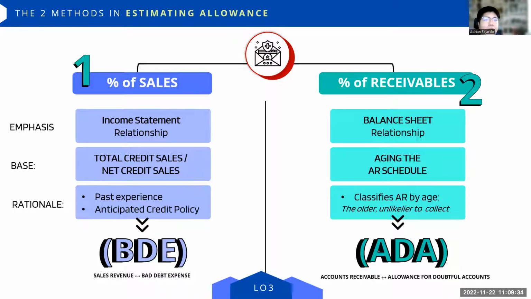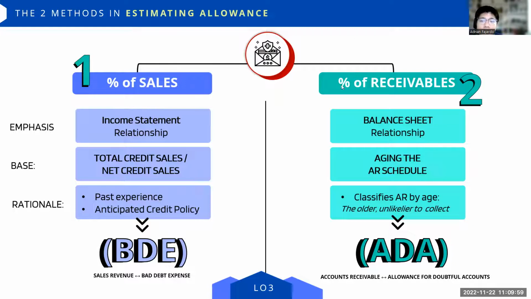Now, on average, our company loses around 30% of sales from bad debt expense. So, ang masosolve mo if you use percentage of sales is bad debt expense. So, it's income statement focus. So, if it's percentage of sales revenue, which is an income statement result, ang makukuha mong number is bad debts expense, which is again an income statement expense.